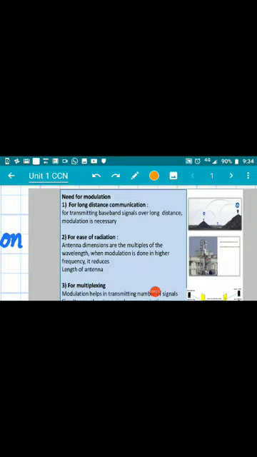Modulation in the sense that we are going to use a high frequency carrier wave, which is going to have a high amount of energy and which can carry the signals from one place to another without any greater disturbance. So that is why, to transmit the baseband signals over longer distance, we need modulation.